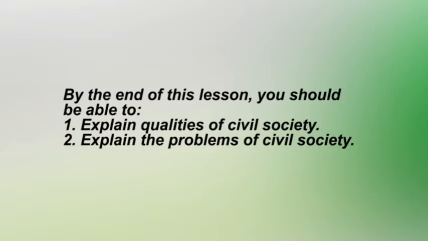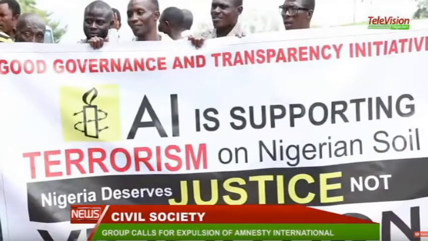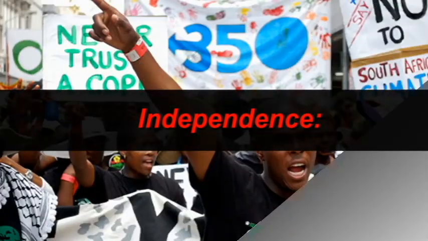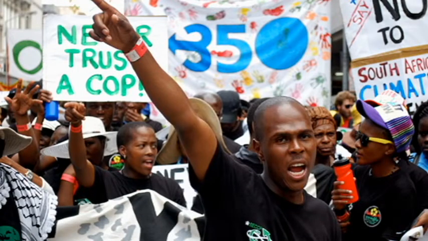Let us start by looking at some of the qualities. One of the qualities is independence. They are independent of government. What that connotes is that civil society are not under the control of government. They are not established by government.